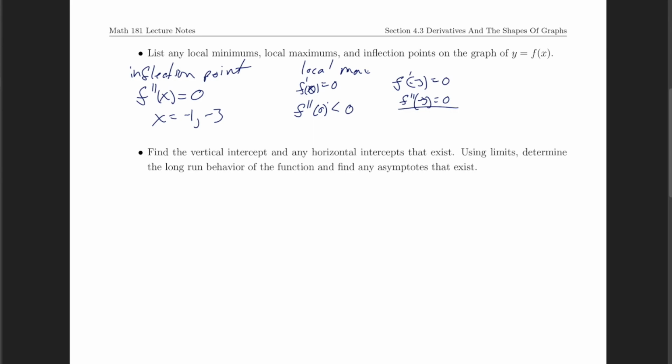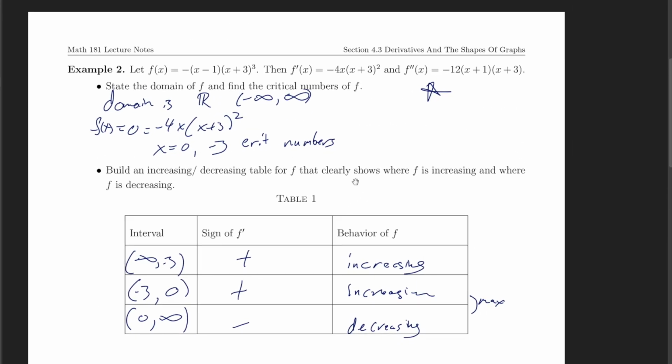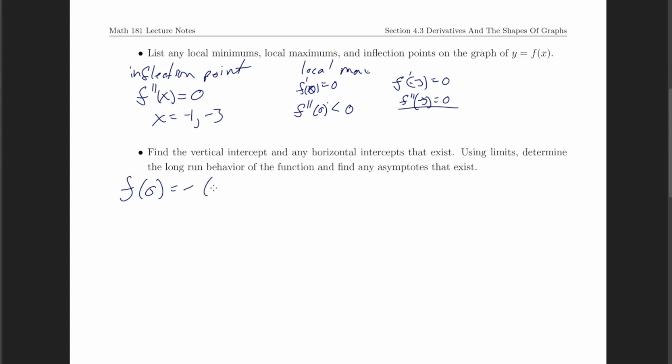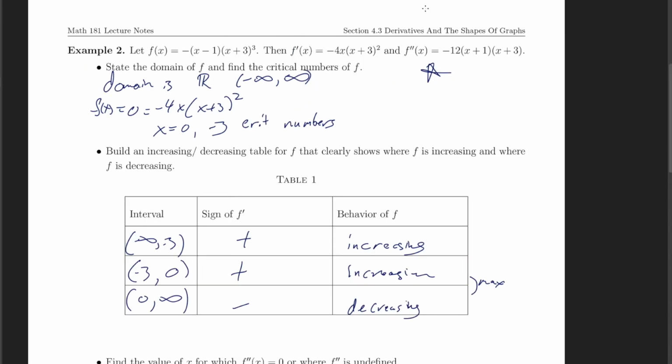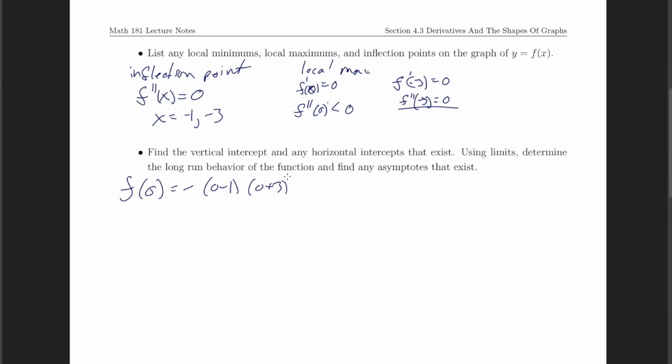So let's find our intercepts. Let's find the easiest intercept, f of 0. Let's go back to the original f and plug in 0 here. So I have minus 0 minus 1, and then 0 plus 3 cubed.